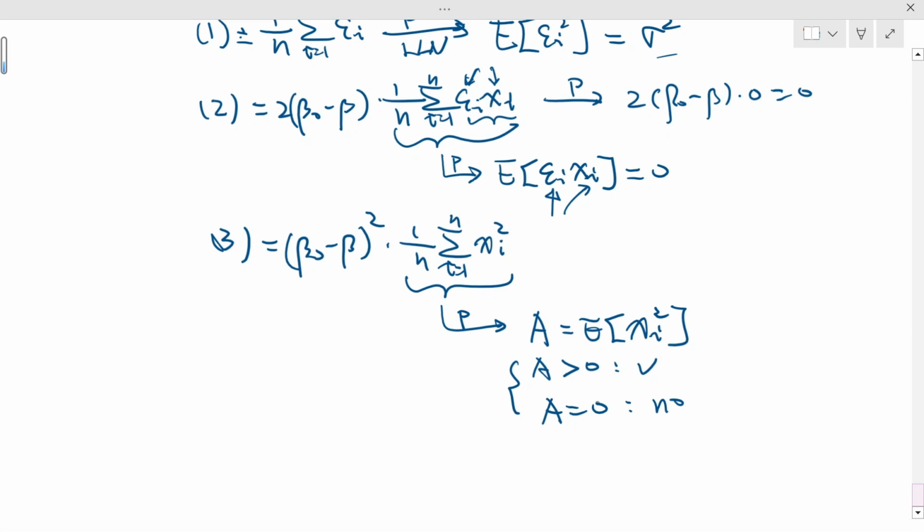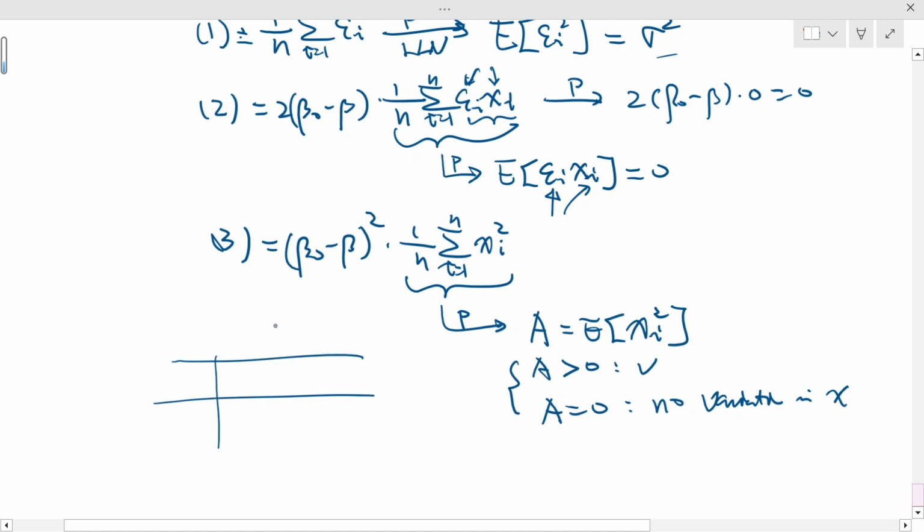If a is equal to 0, then there's no variation in x; for example, x is always equal to 0, and then the sum of squares is equal to 0.